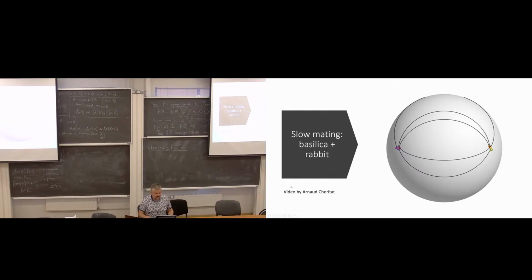These movies are made by Arnaud Chéritat, a very good French mathematician who works in Toulouse. And making these movies is a very much mathematical activity. In order to create these movies, you need to know a lot of Teichmüller theory.